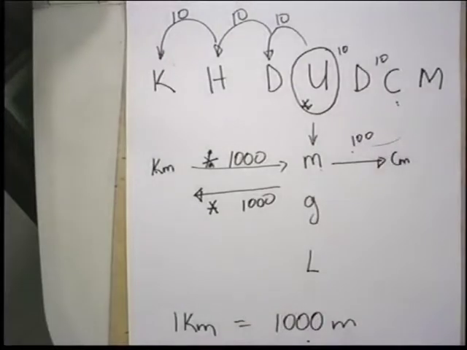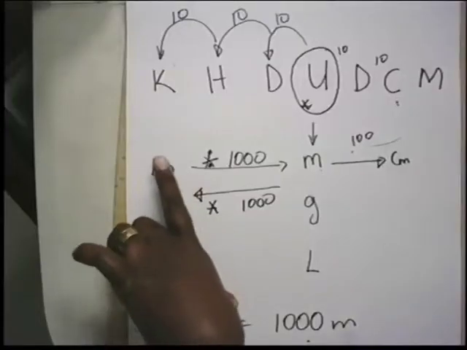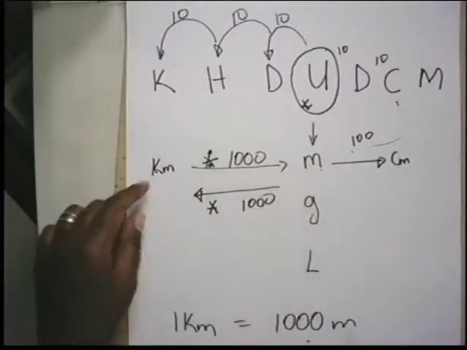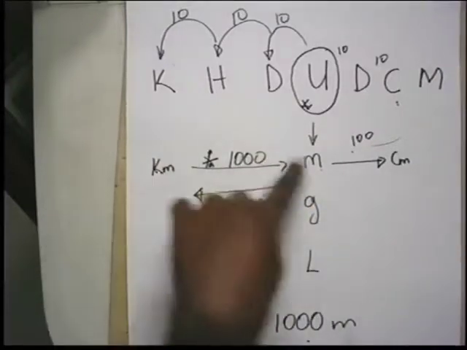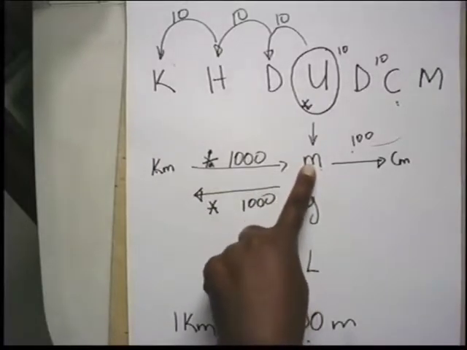Sometimes you'll be given kilometers and they say convert this to meters, or give the answer in meters, or they give you kilograms and they say give the answer in grams. This table here will really help you to remember, even in the examination. It says divide by 10 if you are getting bigger, and multiply by 10 if you are getting smaller. From kilometer to meter, we are getting smaller, so we are multiplying.